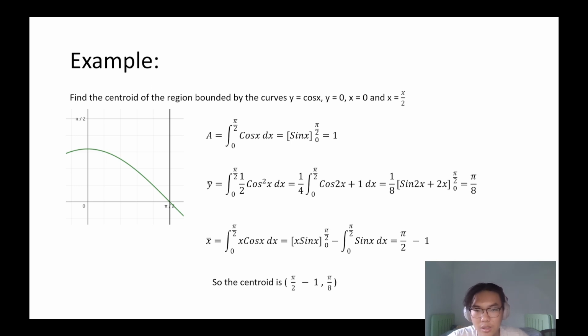Let's find A. A is the total area under this curve. The integral of cosine from 0 to pi over 2 is 1. For the center of y, we use the function 1 over 2 cosine squared x, which we transform into (cosine 2x plus 1) over 2 to find the integral, and we get pi over 8.